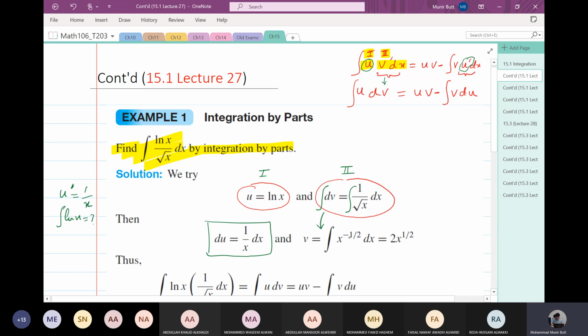V, and the integration of x to the power minus 1 by 2 dx is given by the power rule. You just add one to the power and divide by the new power, 1 by 2, and you will get this answer.